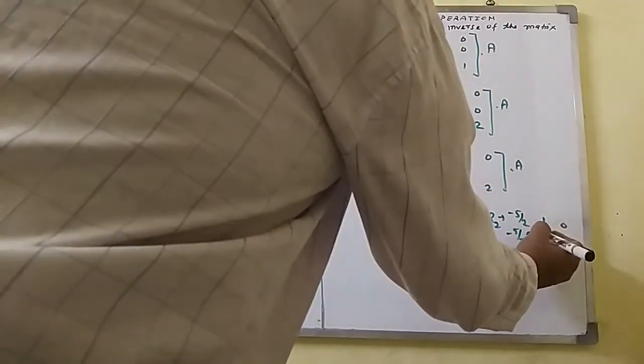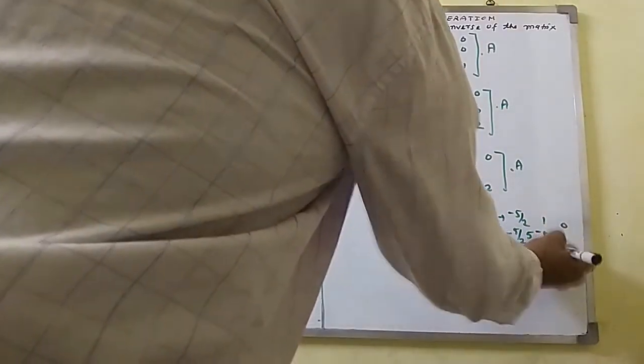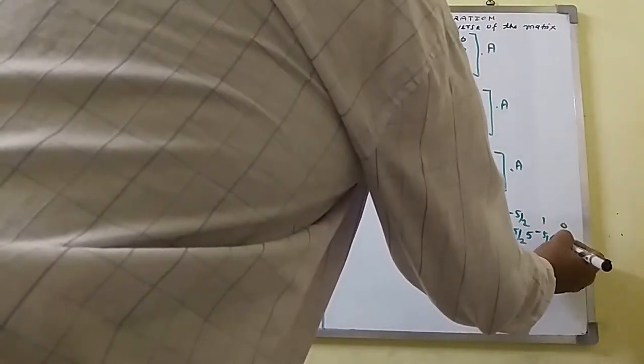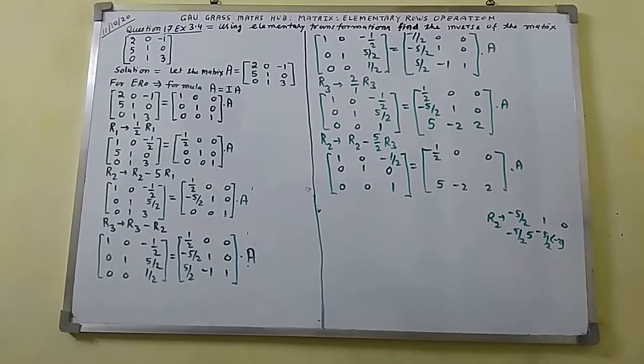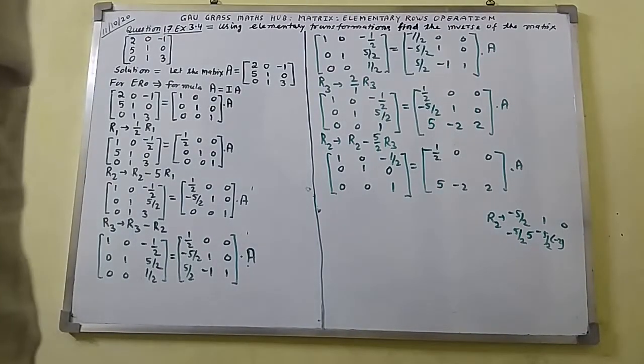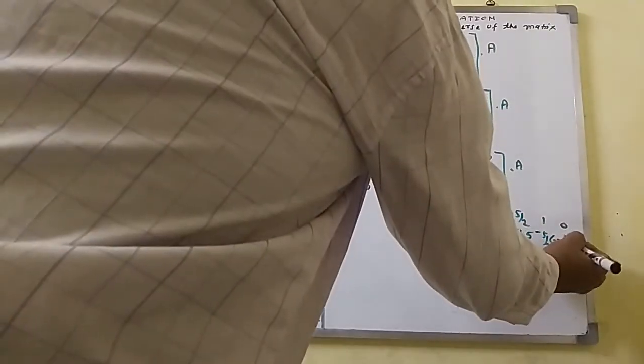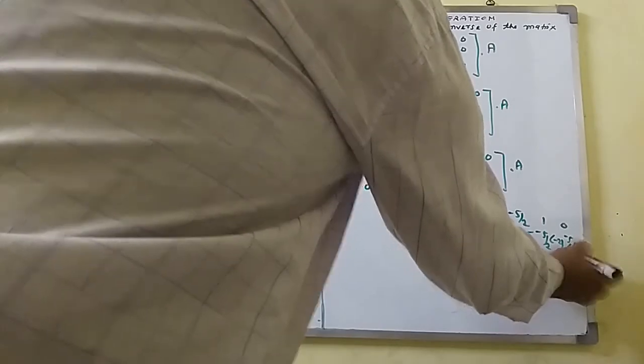R2 I have written 1, minus 5 by 2, and minus 5 by 2 times R3, which is minus 2. And here R2 is 0, minus 5 by 2 times 2. Just tally the thing here.